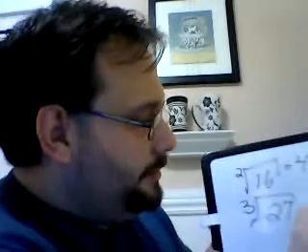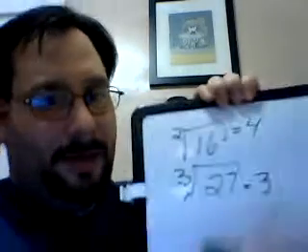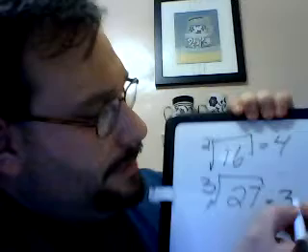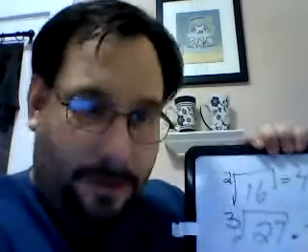Well, 3 times 3 is 9. 9 times 3 is 27. So the cube root of 27 in this case will give us 3. The other way to think about it, if I'm going in reverse, again, 3 cubed gives us 27.